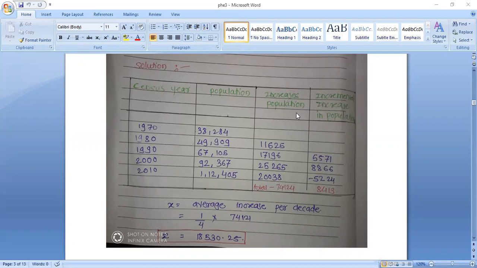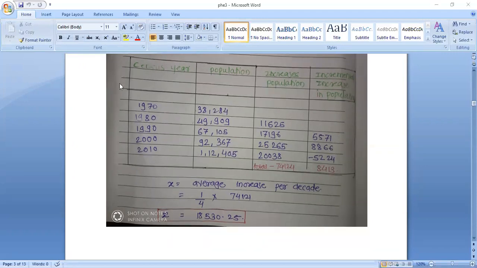For the increase in population, we take the difference between 2 decades, that is 2010 minus 2000 is the increase in population for 2010. Similarly, for incremental increase in population, we take the difference between the increases in population, that is the increase for 2010 minus the increase for 2000, and the difference between these two terms is the incremental increase in population of 2010.